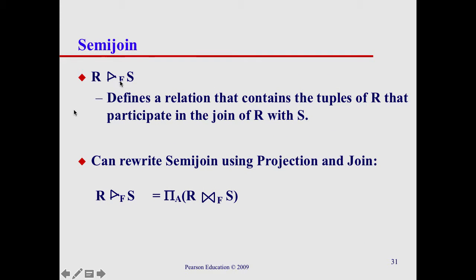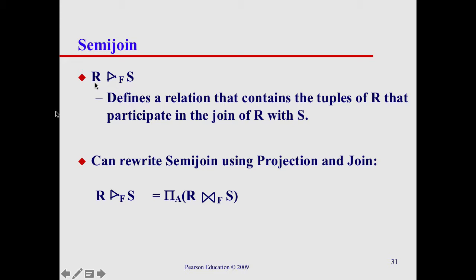And finally, we have the semi-join. Okay, this makes a little more sense. We don't care about S, we only care about R. So what this is saying is we're doing a join of R with S, but in the result, only tuples from R will be present.